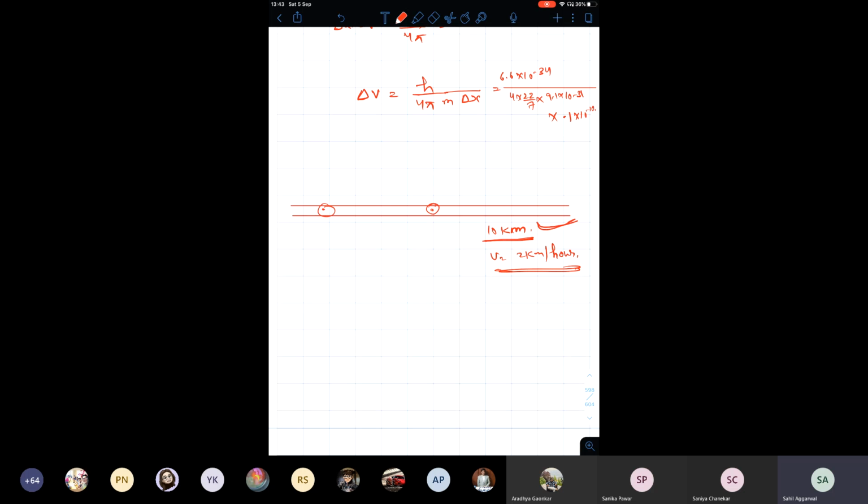Bohr gave the distance and gave the velocity. That means according to Bohr, we can find out the exact position of the electron, right? If you know the distance and the velocity, you can simply say where that electron will be present. But what Heisenberg said is that it is not possible to find out the exact position of the electron. Hence, the Bohr model was wrong, and Heisenberg gave a new theory, which was your quantum number.